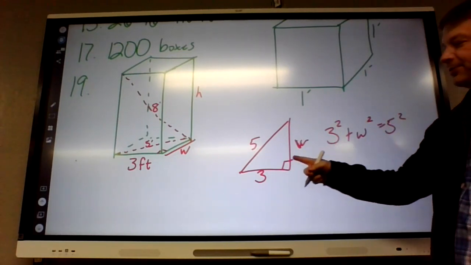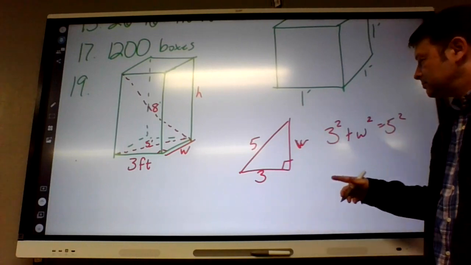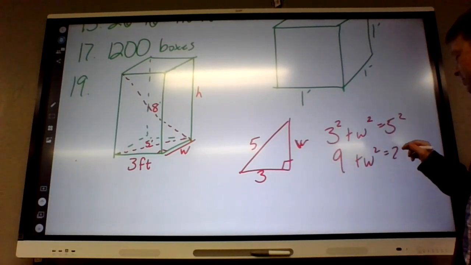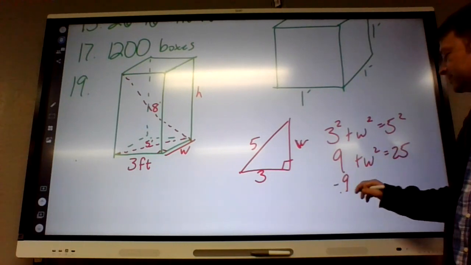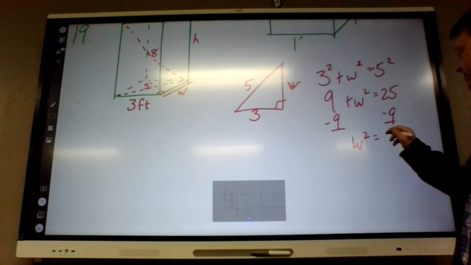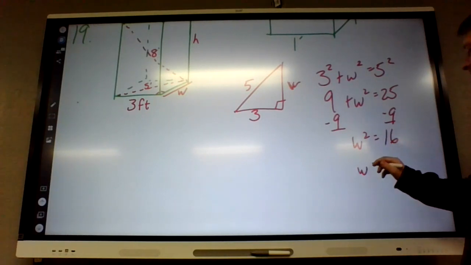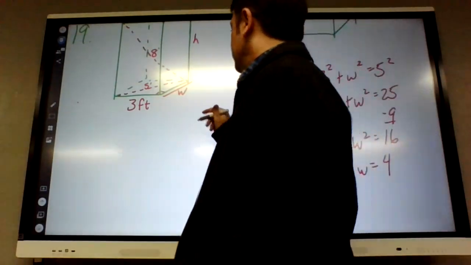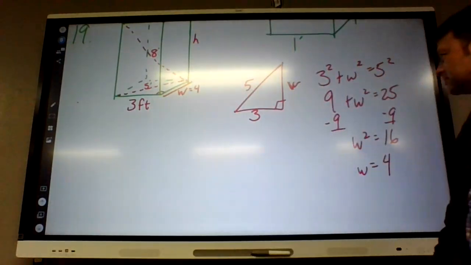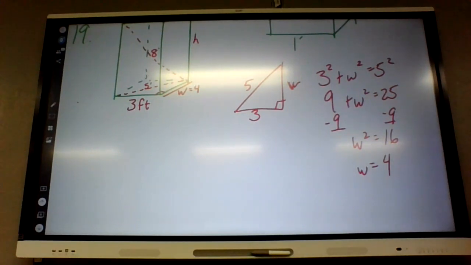You guys remember this triangle? 3, 4, 5. So W is 4. Remember Pythagorean theorem, right?